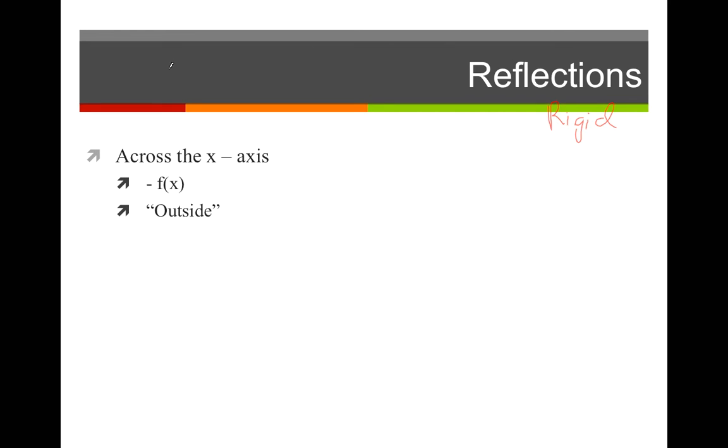If our g of x is the square root of x, which looks like this, and now my reflection across the x-axis is the opposite of the square root of x, that's just going to flip me over upside down.